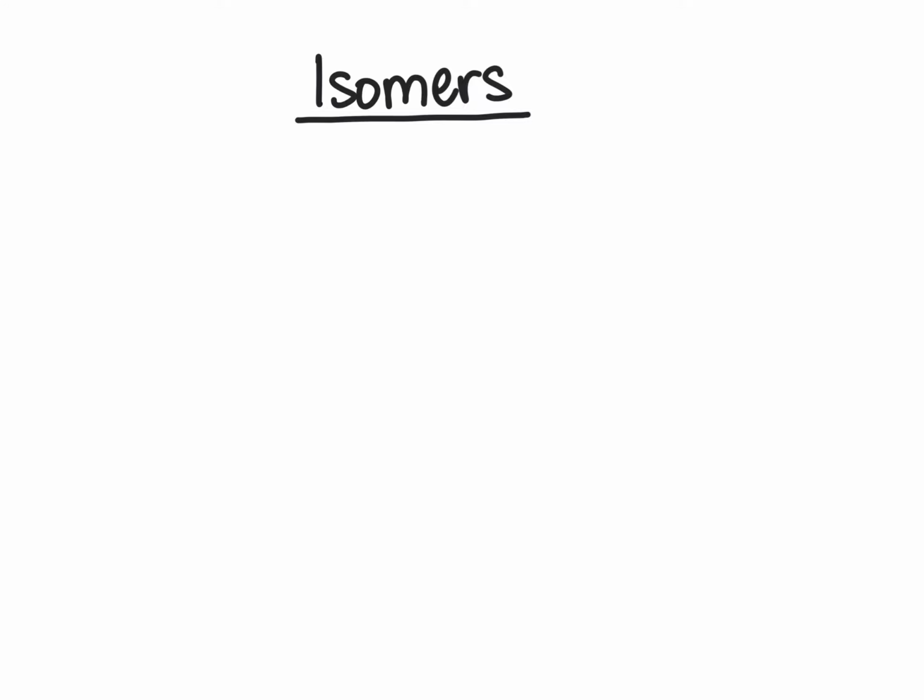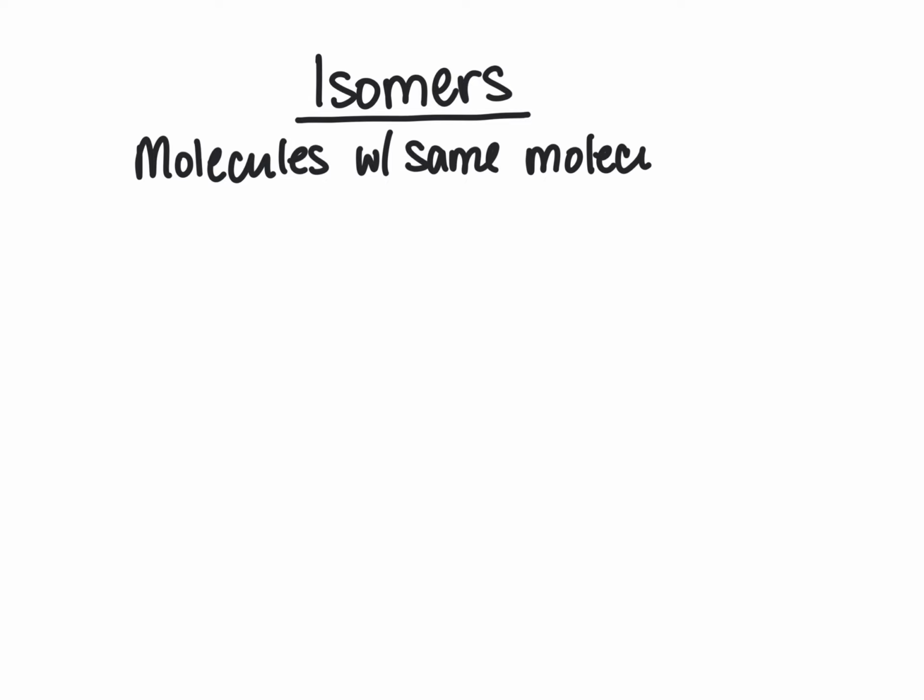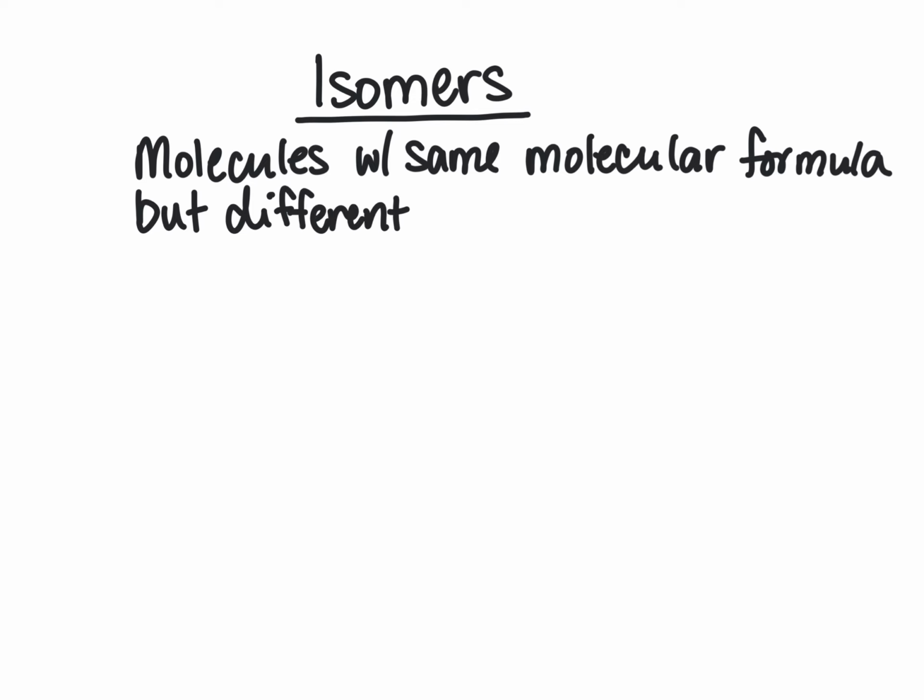So we can define this as molecules with the same molecular formula, but different 3D shapes. And this is because the atoms of the molecules might be arranged in a slightly different way.